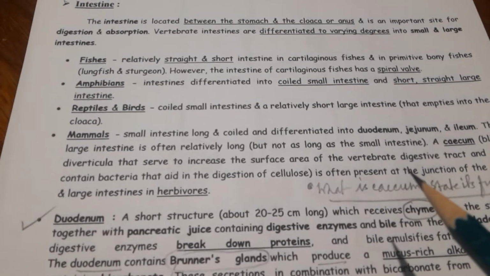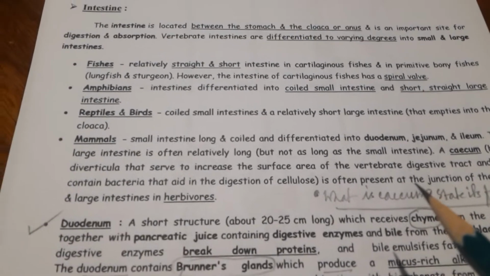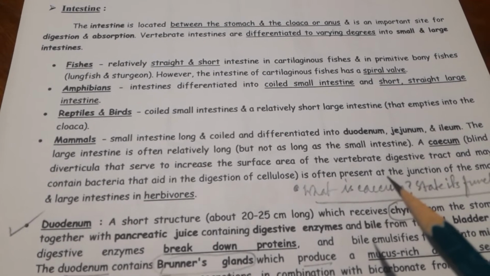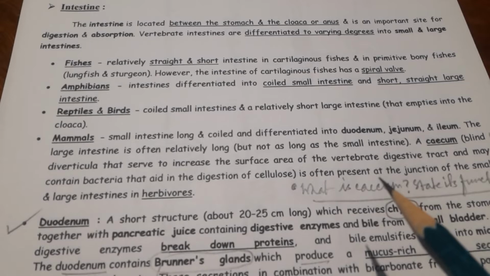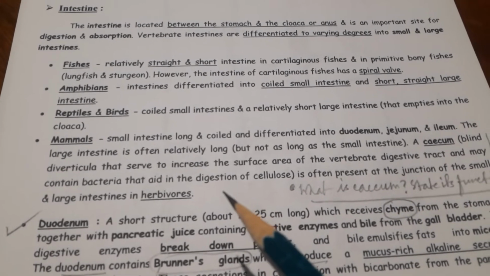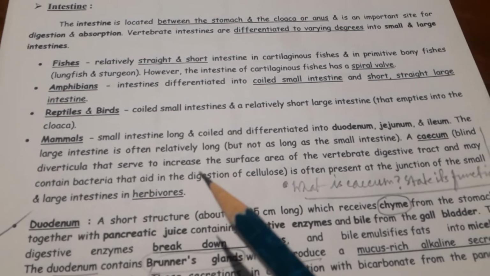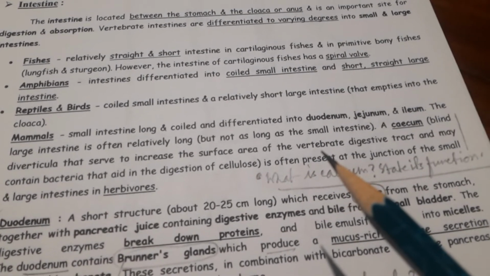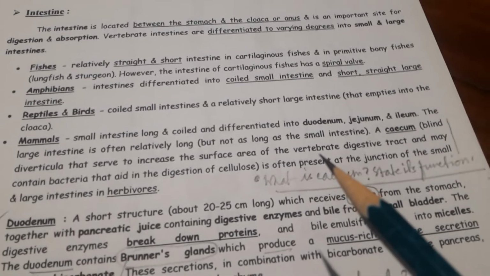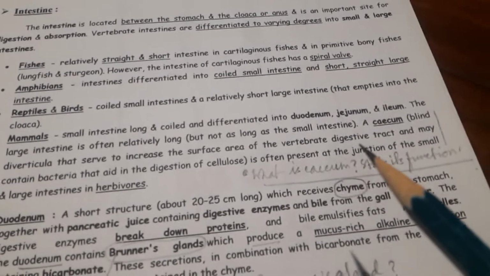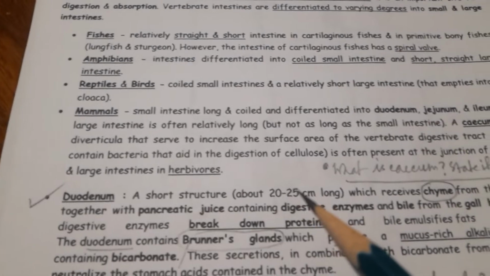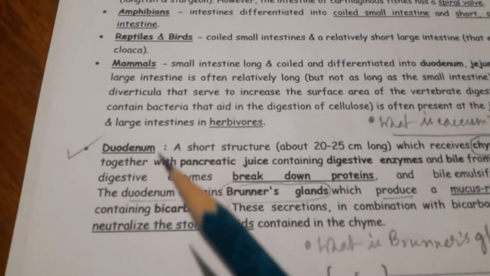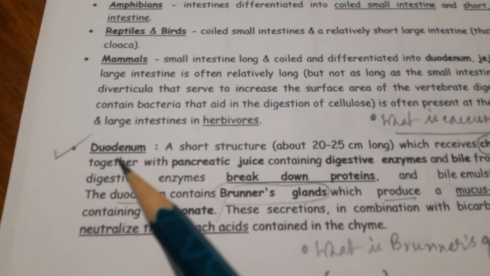It is blind, meaning it is a closed diverticulum that originates and develops from the intestine, and it increases the surface area for facilitation of the digestion process of vertebrates. So, what is a cecum and state its function? I discussed it. Now, the duodenum.